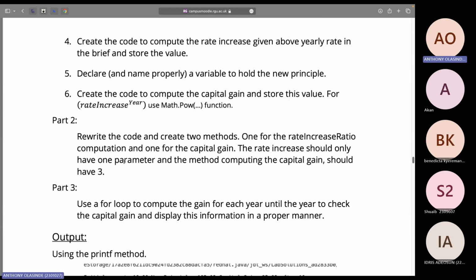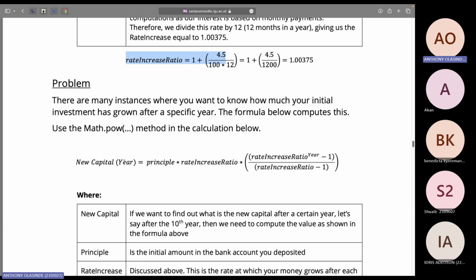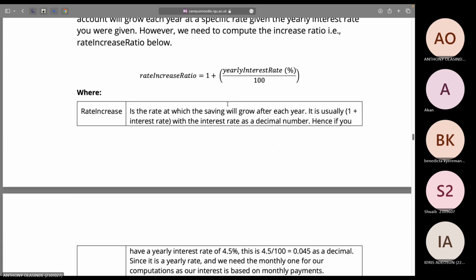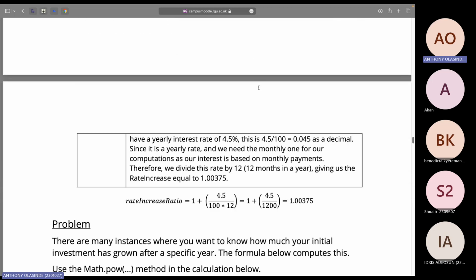Let me see if we can actually do this without reading. Basically, this is the formula we want to use, but we have to get the rate increase ratio from here. And the rate increase ratio is 1 plus yearly increase rate over 100.